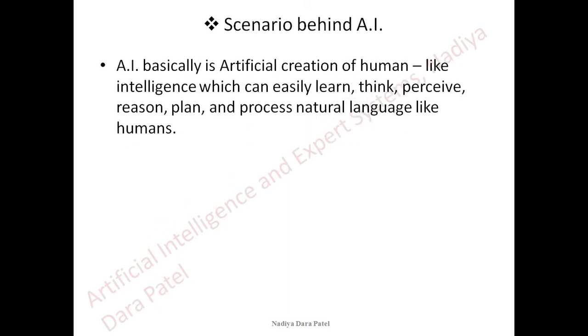So AI is basically the artificial creation of human-like intelligence with which any machine, device or software should be able to learn, think, perceive, reason, plan and process natural language like humans do, not machine language, which is a barrier. In fact, we cannot directly converse with a machine because a machine understands machine-readable languages.